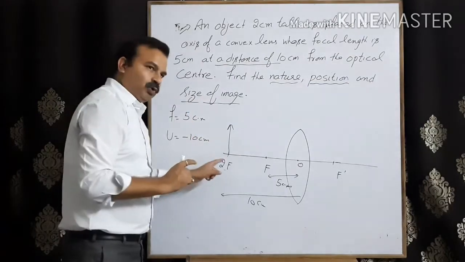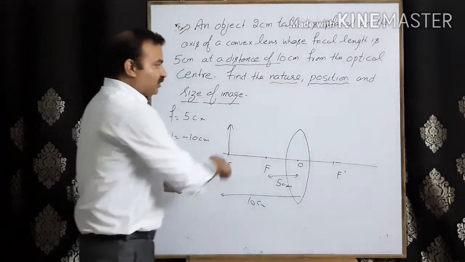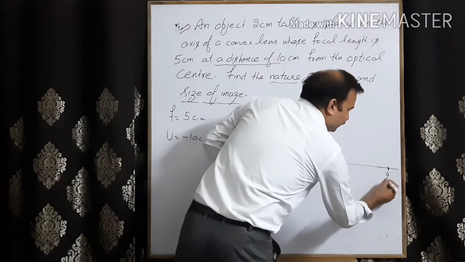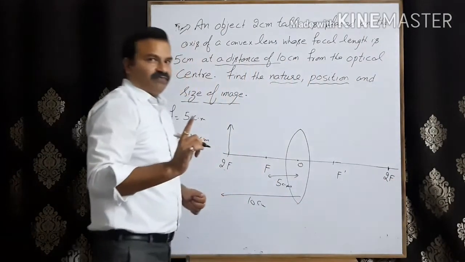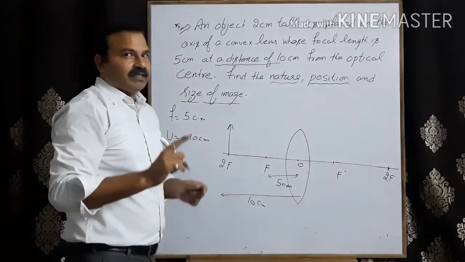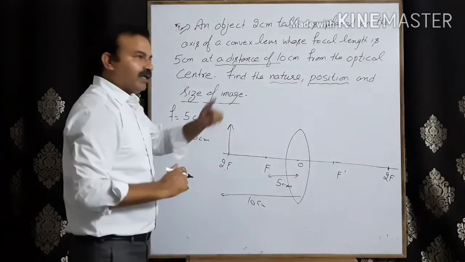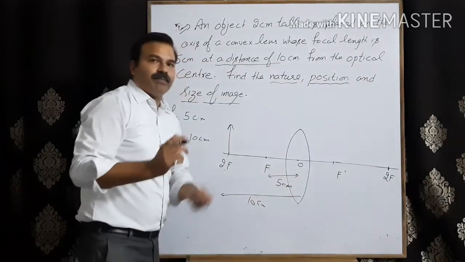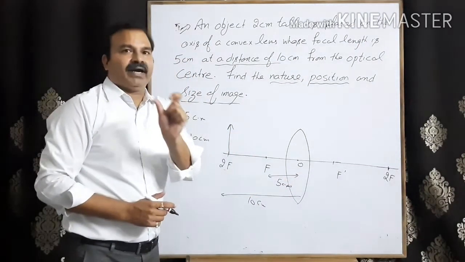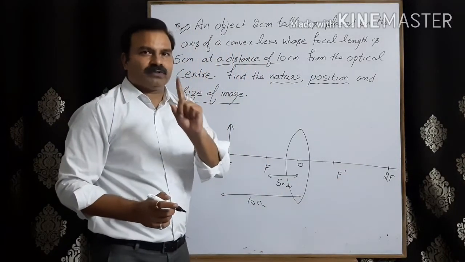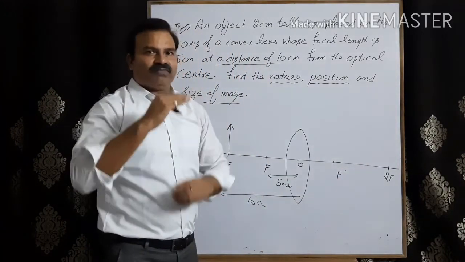When the object is at 2F, in case of a convex lens, the image is formed at 2F. And the size of the image is equal, that is of equal height. So that's why when I solved, the magnification comes out to be minus 1. Minus means the height is down, otherwise the magnification comes out to be 1, which means the same height.